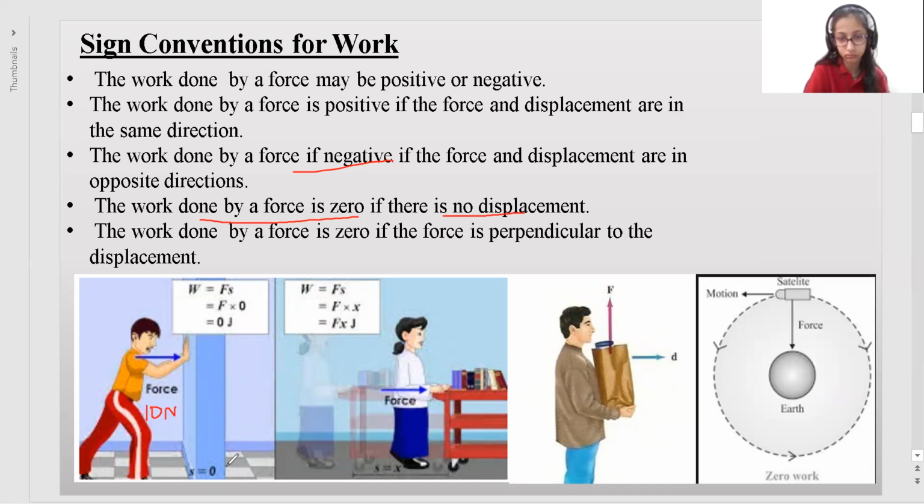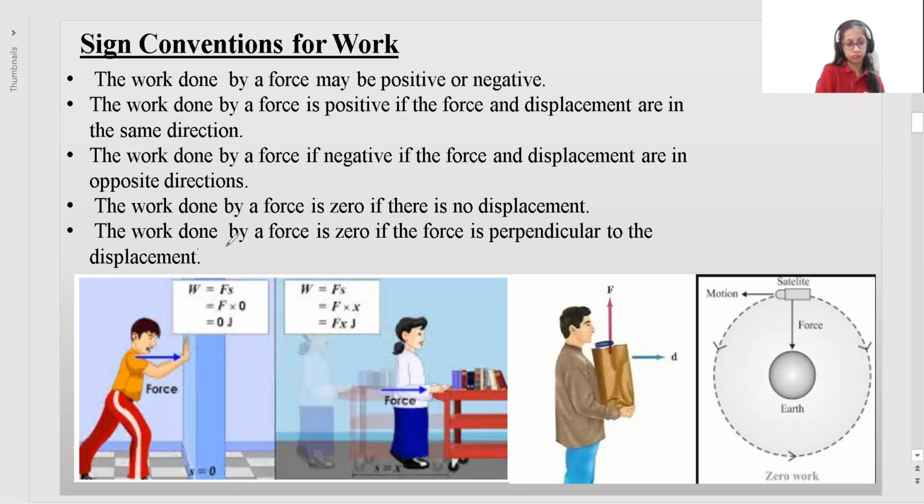No. It means the distance, or the displacement, is zero. So according to the formula W equals F into S, it becomes F into zero and gives us 0 joule. So we will say that according to physics, that boy hasn't done any kind of work, right? This is one of the cases.